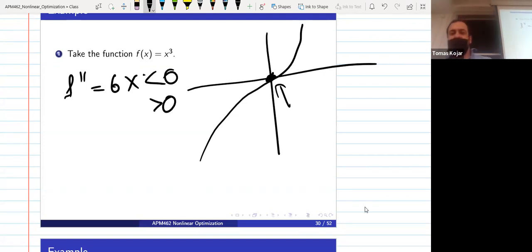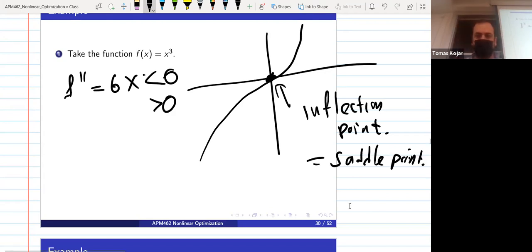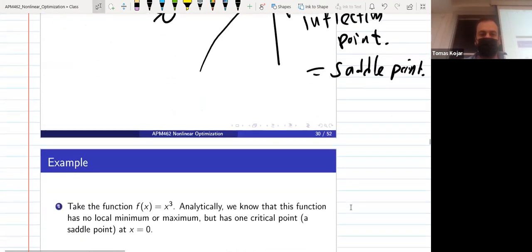Inflection point, thank you. So this is the 1D version of saddle point, which is what you said. I just wanted you to remember. Okay, good. So I'll do this example.